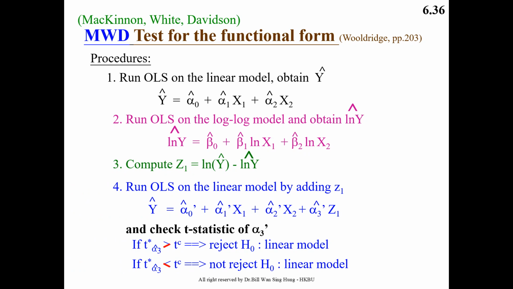If t computed for alpha 3 hat is greater than t tabulated, then we will reject h0, and the model is linear. And if the computed t for alpha hat 3 is less than t tabulated, then we will fail to reject h0, that the model is linear.